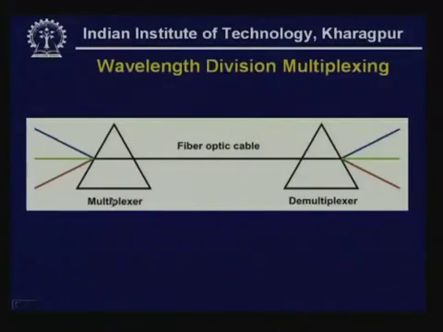So, we can make use of the refraction property to combine light signals coming from three different sources. Then as you can see, a single composite signal is here, which can be sent through optical fiber through this region, and at the other end with the help of another prism they can be separated out, and we can get back all the three different signals. So, this is how wavelength division multiplexing can be done.